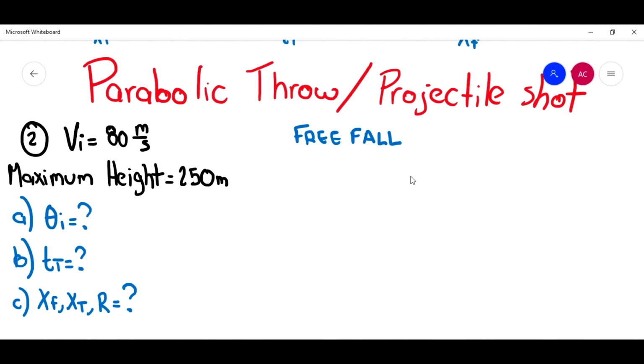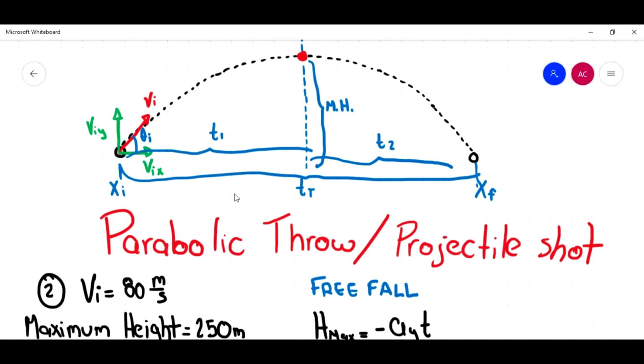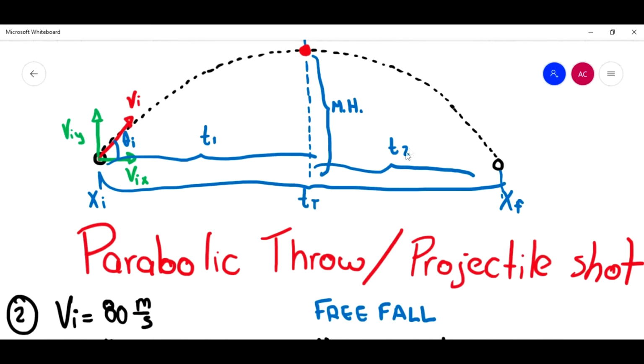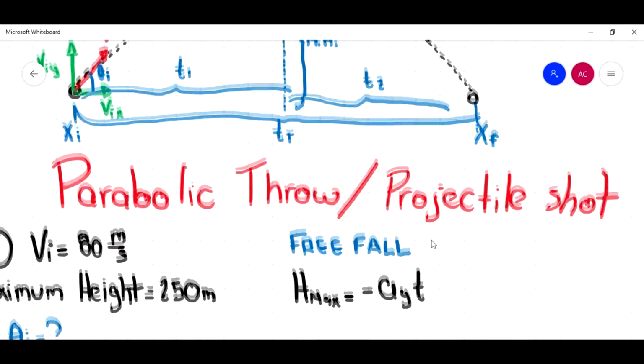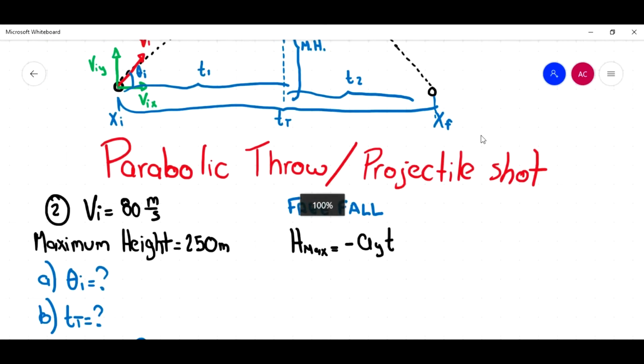Okay, so that equation, I'm gonna write it over here, maximum height, max, that says minus acceleration in y, that multiplies the time, in this case what time? Okay, the time that takes to reach the maximum height. So it could be time 1 or time 2 or the total time. No, it's not gonna be the total time. So it's gonna be time 2, because remember that we got this equation from free fall.